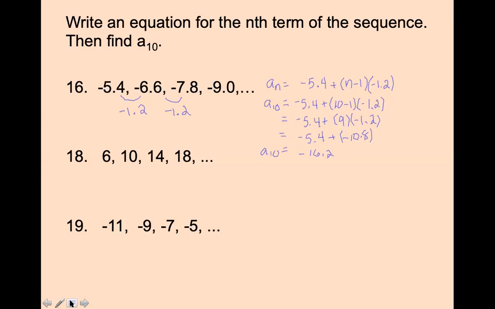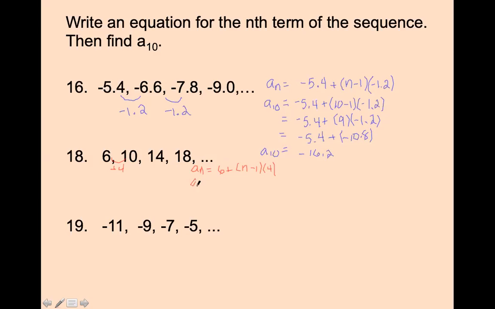All right, I'm going to switch colors so I don't run into the next problem. So this time looks like common difference is 4. So our pattern is a sub n equals 6, and I'm getting that from the first term here, plus n minus 1 times a common difference of 4 this time.